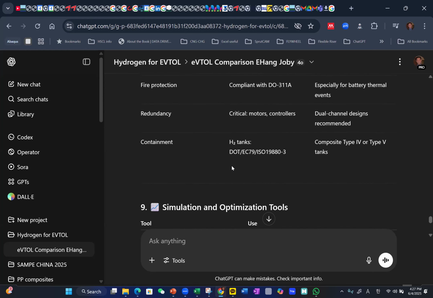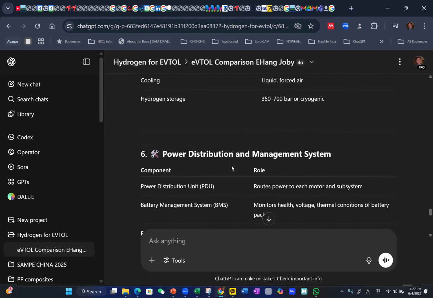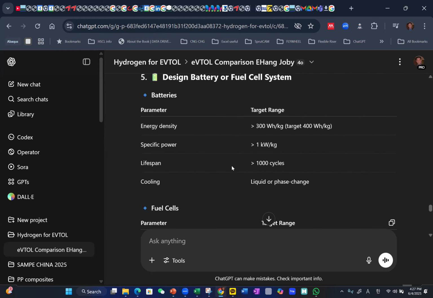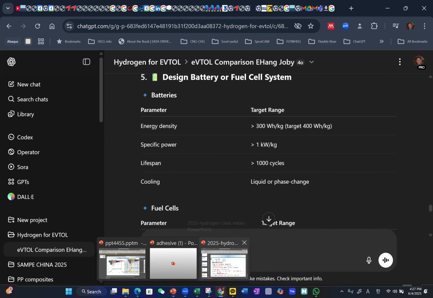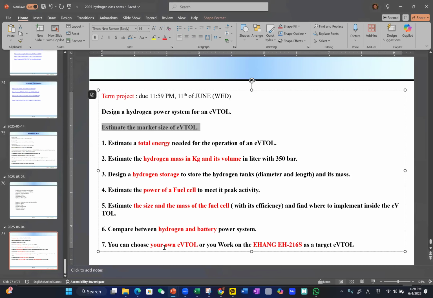Again, you may choose an existing one, EHang or Joby. It's up to you. Or you can have your own eVTOL. No problem. You can choose your own eVTOL.